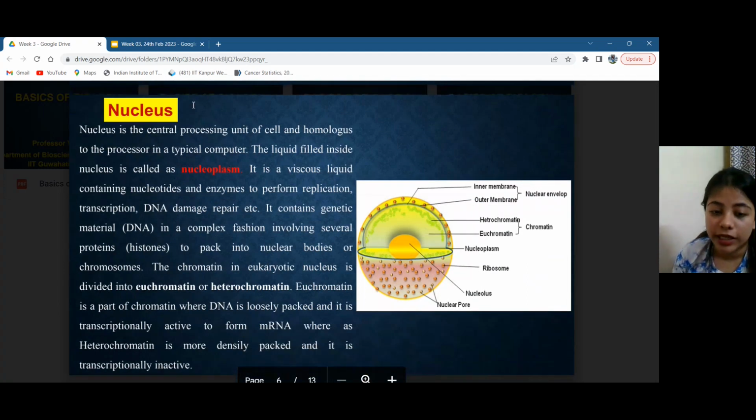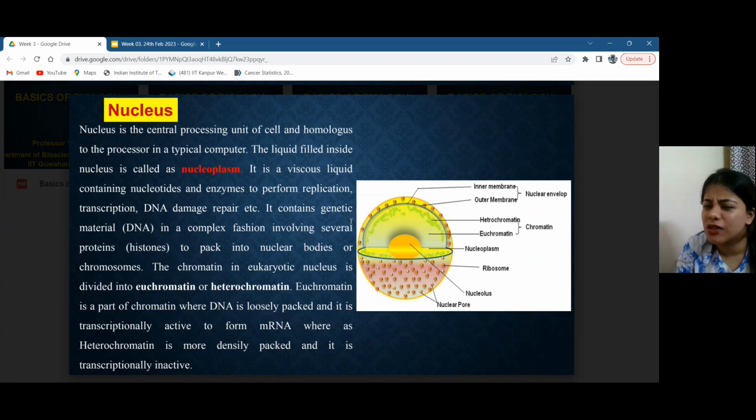Then comes the nucleus, which is the central processing unit of the cell, and inside is the nucleoplasm. Here we see a cross section as well: the nuclear envelope, the chromatin inside, the nucleoplasm, nucleolus, and nuclear pore.